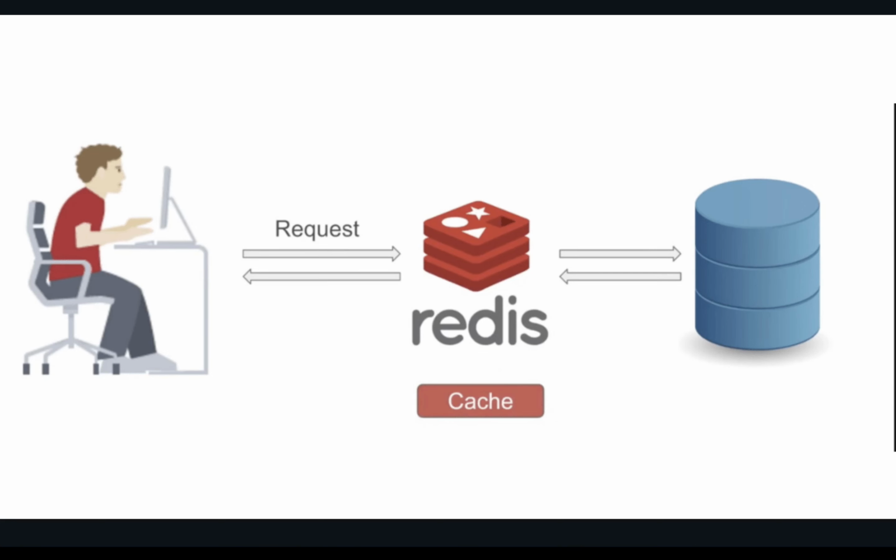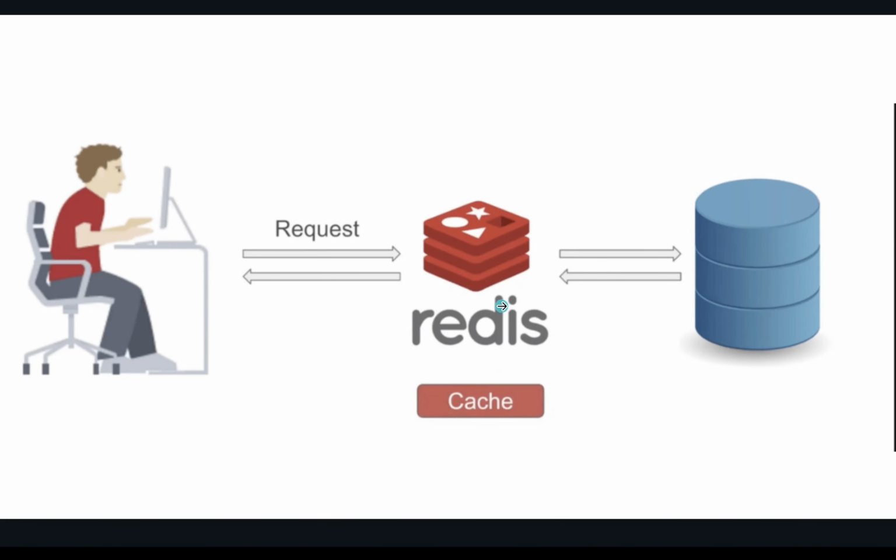And here comes Redis. Redis is used for caching. Let's say whenever you want to get a huge amount of data for a second time, you will get this data from Redis, not the actual database. You will save all the data to Redis.